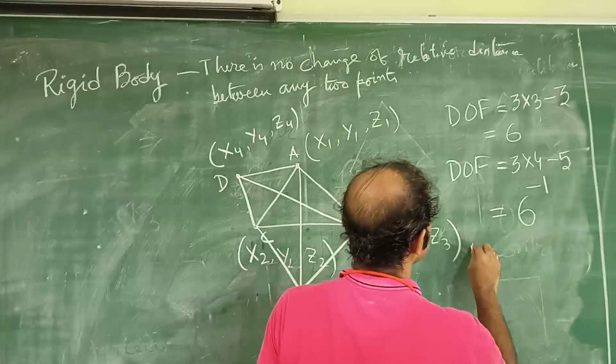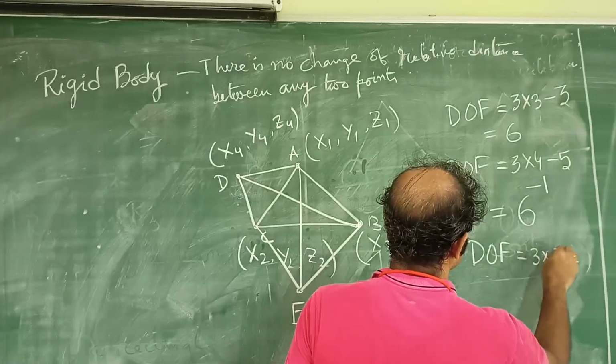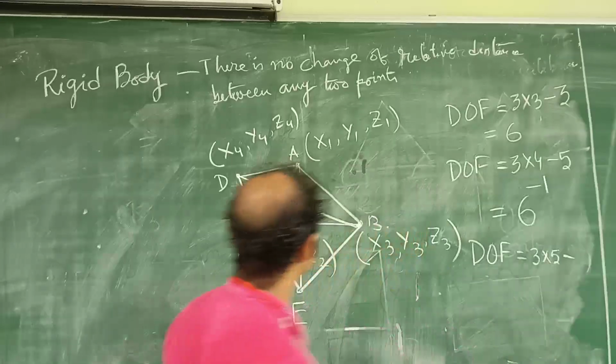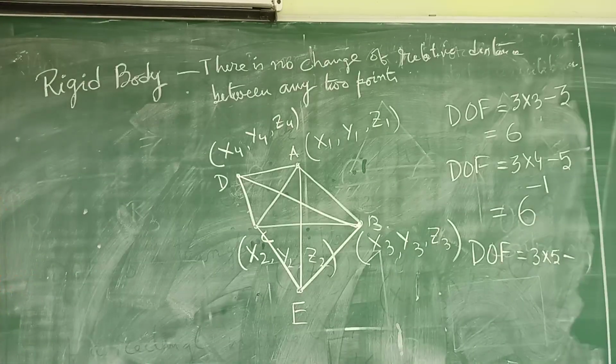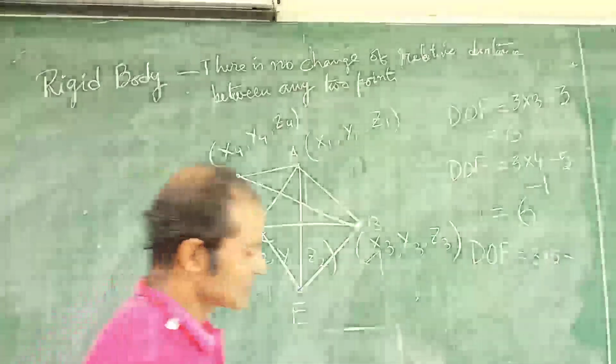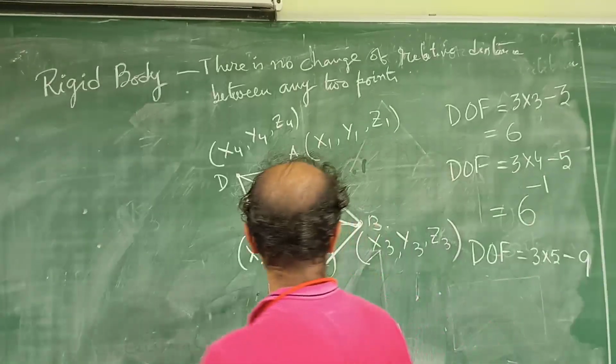So what will the degrees of freedom be? DOF is equal to 3 cross 5 minus, how many constraints are you having? Minus 9 constraints that you are having. Count them.